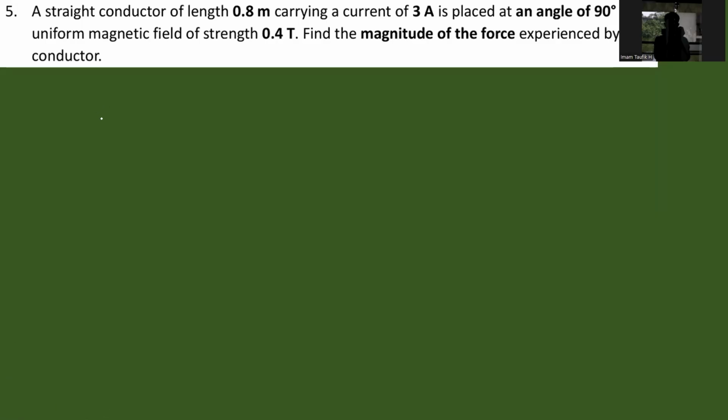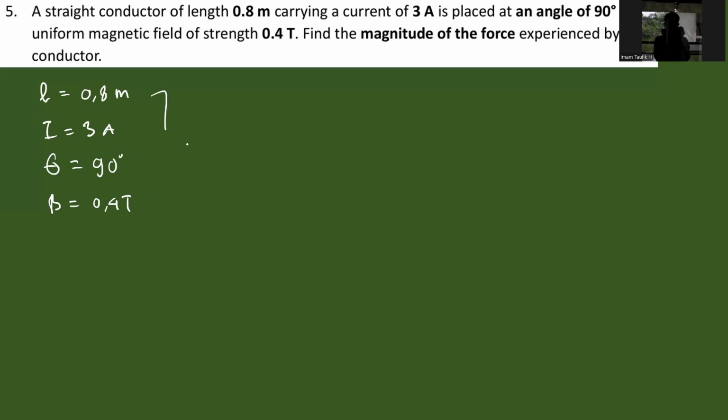A straight conductor of length L is equal to 0.8 meters, carrying a current I of 3 ampere, is placed at an angle theta equal to 90 degrees to a uniform magnetic field of strength B equal to 0.4 Tesla. We have to find the magnitude of the force experienced by the conductor.